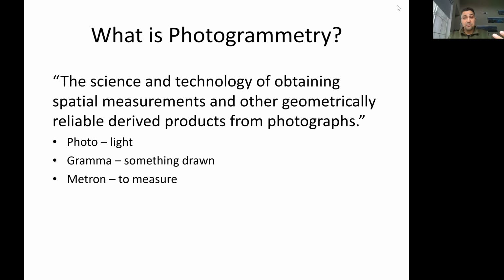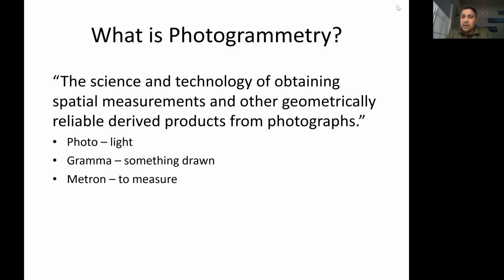And so if we put a bunch of photographs together and we mosaic them in a way that everything becomes one large picture, where our geometry is correct and we have derived this end product, we end up with something like a map. And that's really what we are pulling off here.